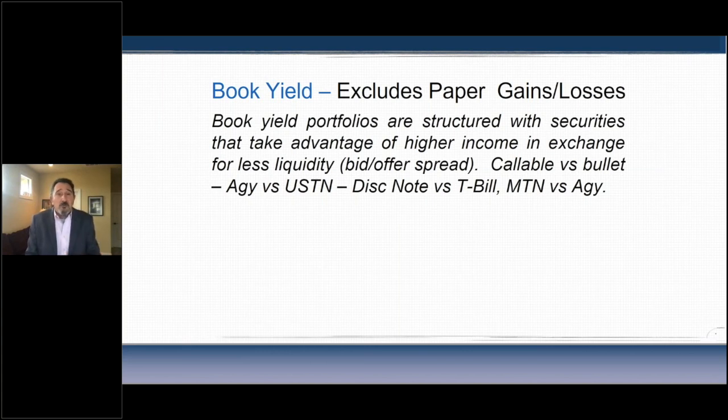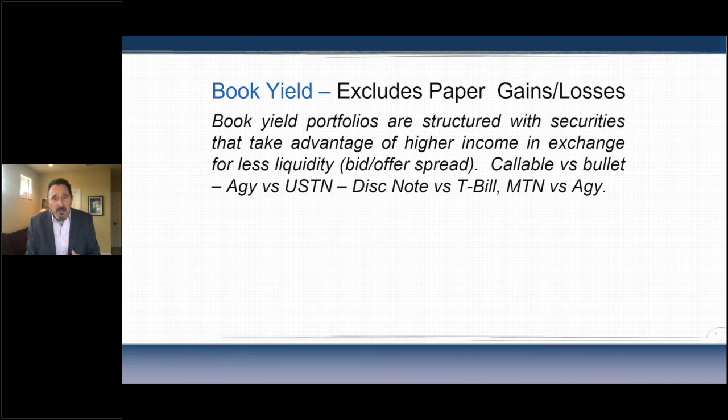They're going to underperform, obviously, if rates rally. So you have to balance this, but on the surface, you can take advantage of the yield premium of an agency versus a treasury, a discount note versus a T-bill, or an MTN or corporate bond versus an agency. Book yield uses that kind of strategy in constructing the portfolio.